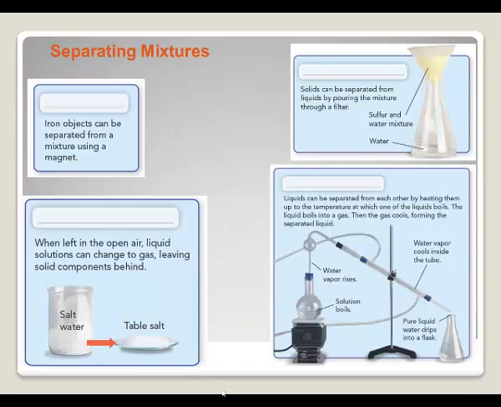So these pictures show examples of each. The first one, anytime we use a magnet in order to separate out things that have magnetic properties, we are using magnetic attraction. So for example, taking iron objects and separating them from a mixture using a magnet would be an example of magnetic attraction.